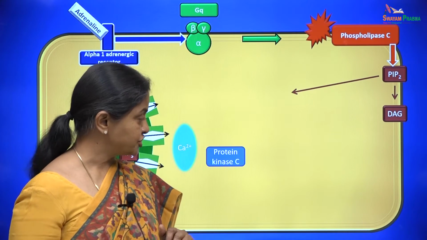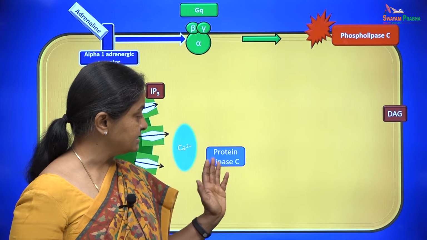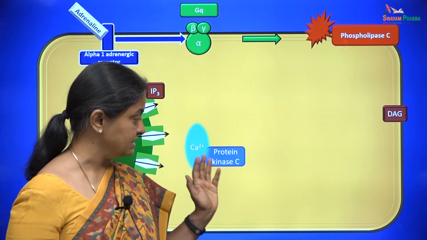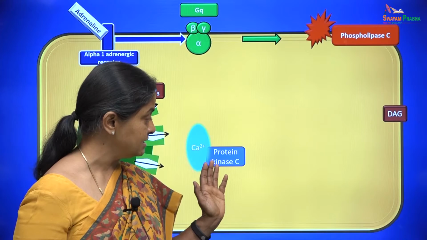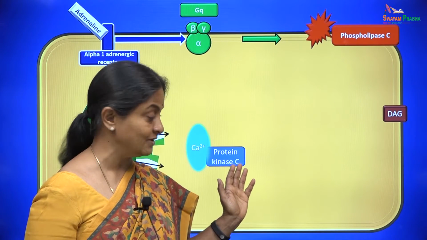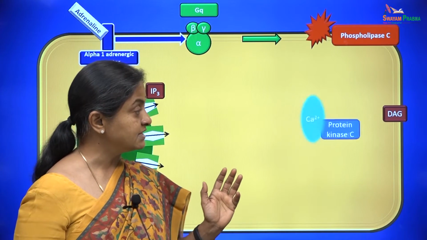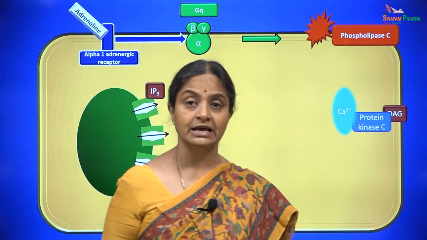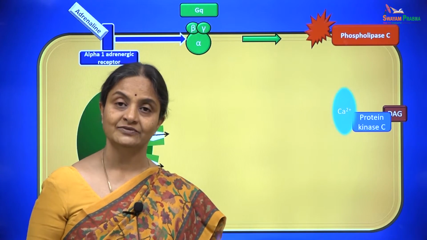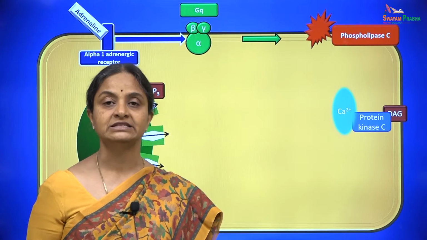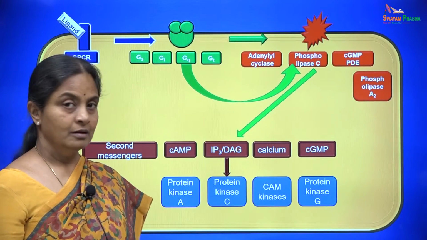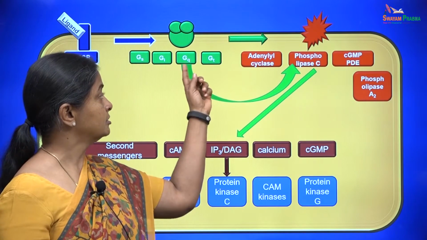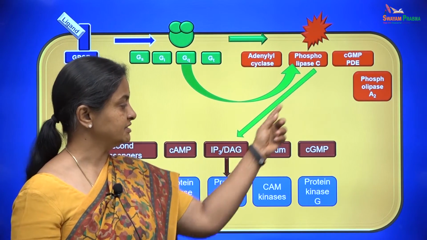It chaperones this enzyme protein kinase C. It binds to protein kinase C. That alone is not enough to activate protein kinase C. This enzyme has to be taken to the membrane, and the calcium diacyl glycerol complex activates protein kinase C. We've just seen the GQ mediated pathway.